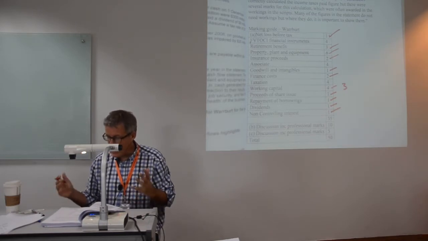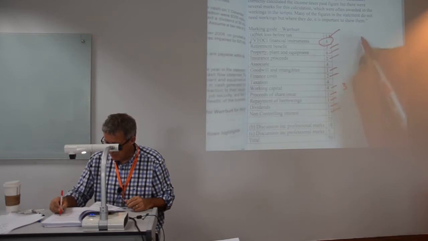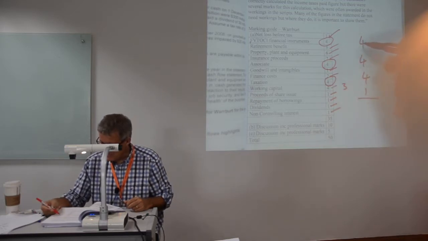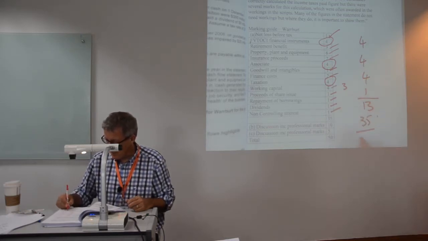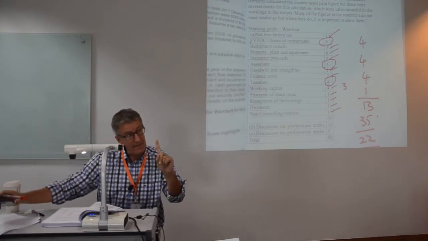So maybe it's easier for me to work out the marks I haven't got. 4, 4, 4, and 1. So I have got here 4, I've got here 13. The question is out of 35. So I've got 22 marks out of 35 in 45 minutes.